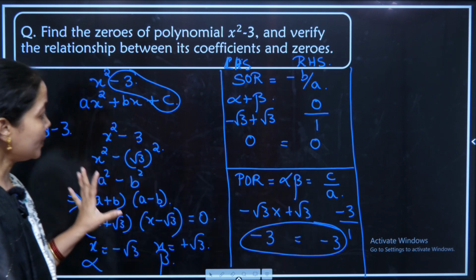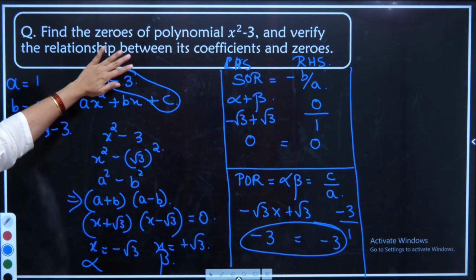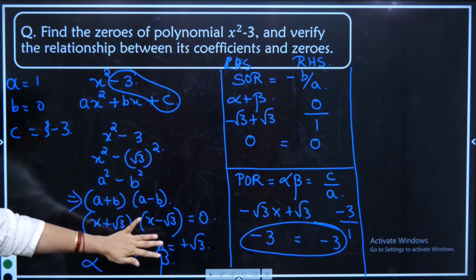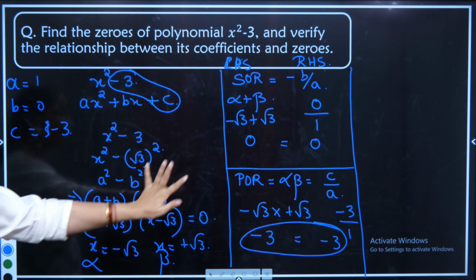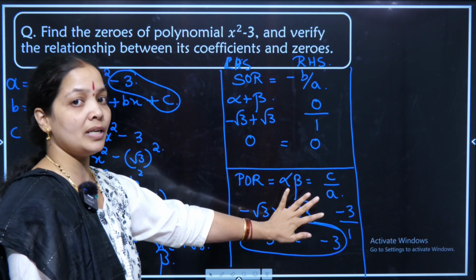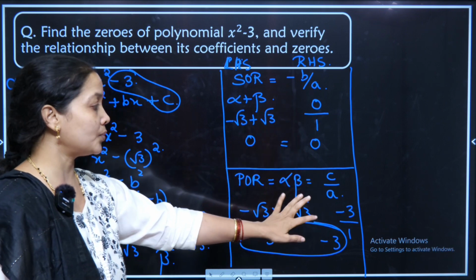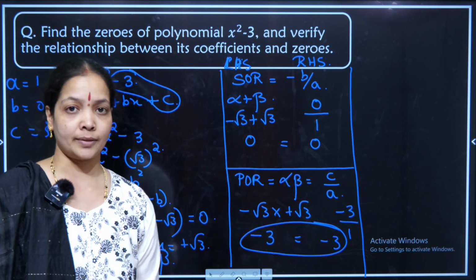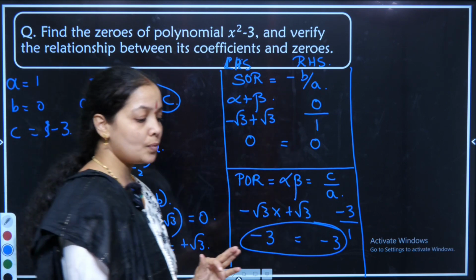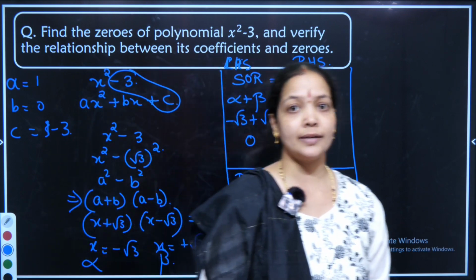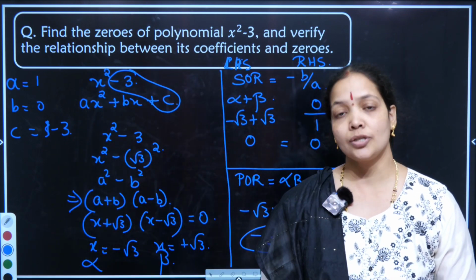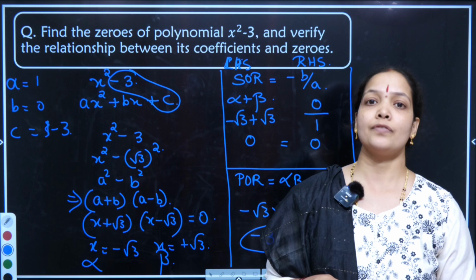So for any equation provided, I can first simplify the equation to find alpha and beta. Then we can substitute them in the formulas of sum of roots and product of roots and easily verify. The whole of exercise 2.2, which we are going to start, is completely based on these two topics as well as the formulas.